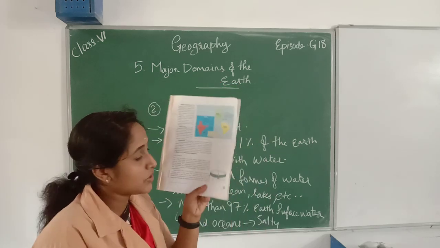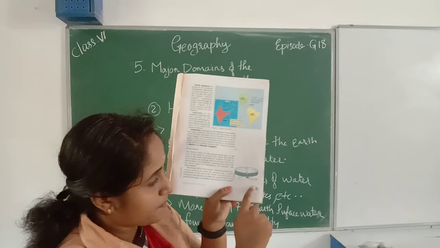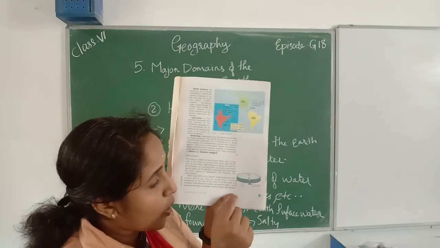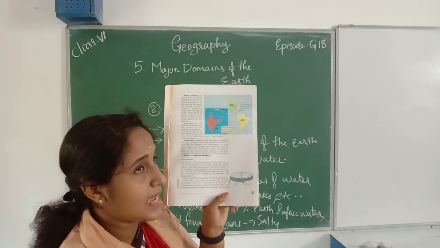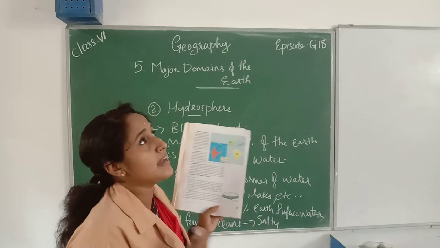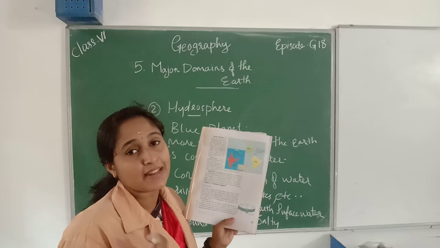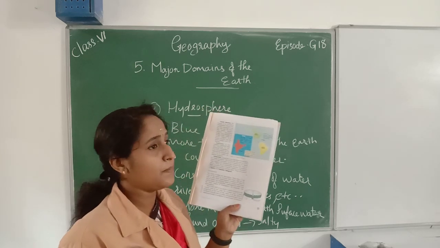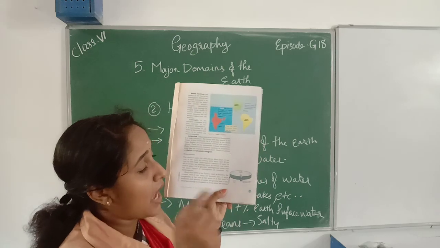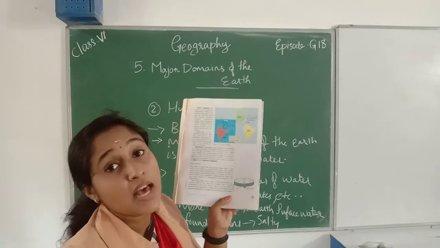Look at this picture. You can see a piece of the pie chart, that is 2.8% of water stored in the ice sheets. We can see the Antarctica and Arctic sections. These ice sheets are known as glaciers. And the other part is groundwater.